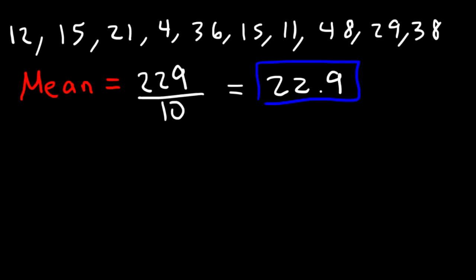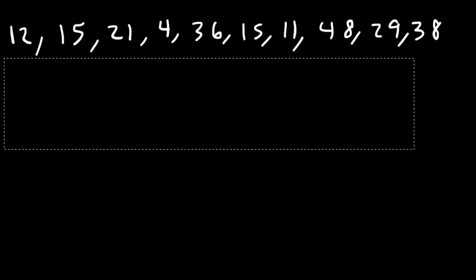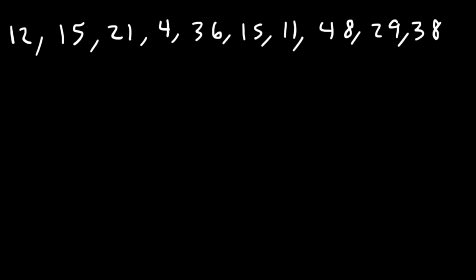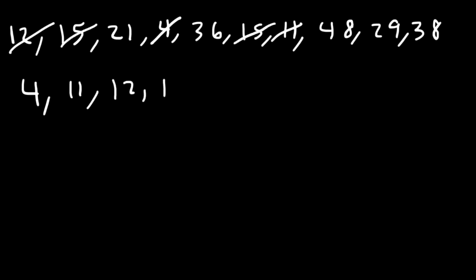Now let's calculate the median. So let's put everything in order. The lowest number is 4, and then we have 11, and then 12, there's two 15s.